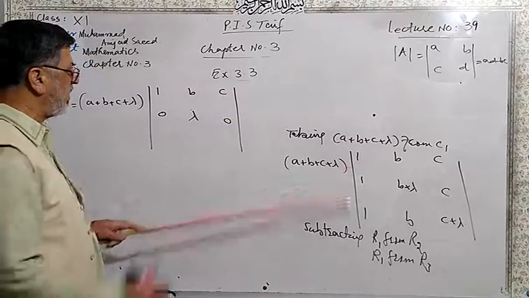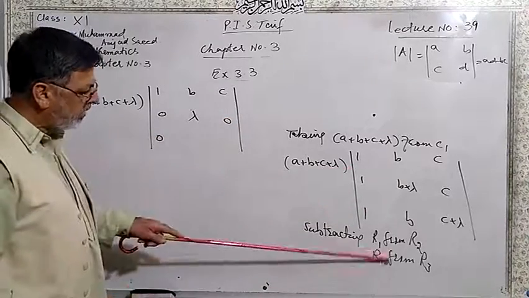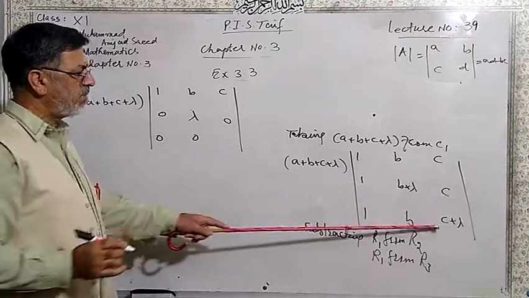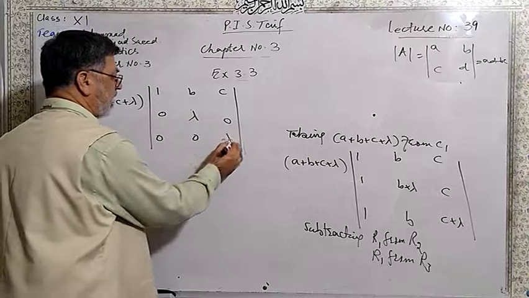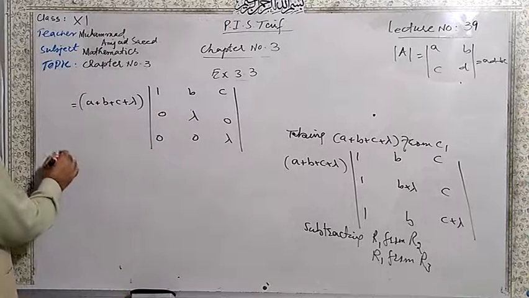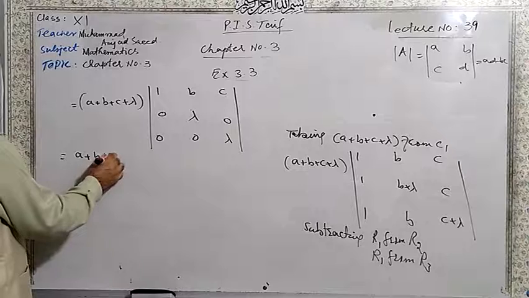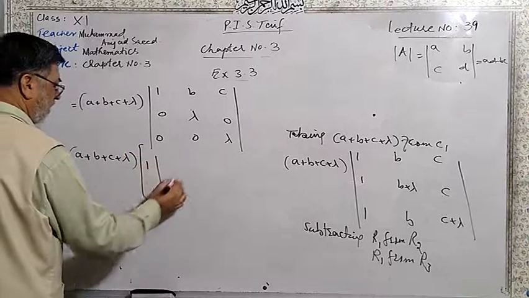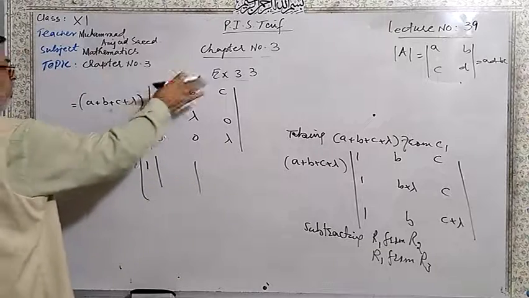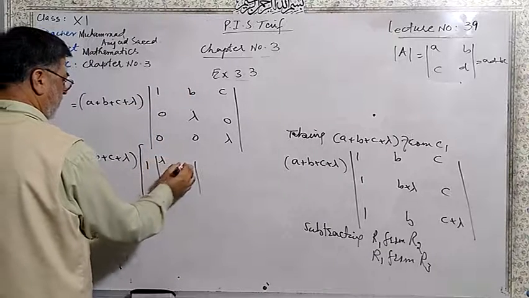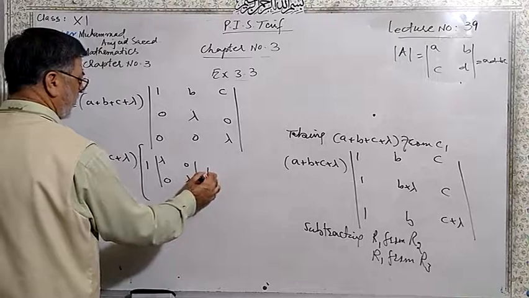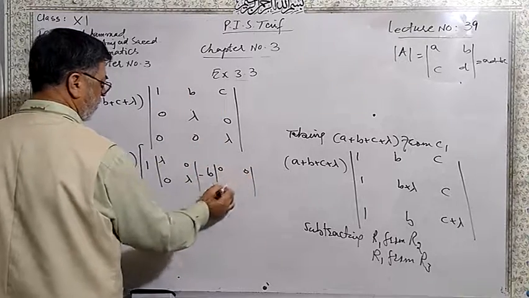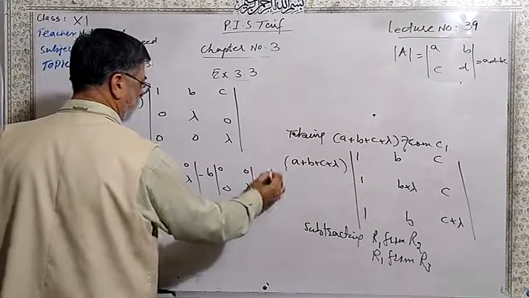Similarly, 1 minus 1 is 0. R3 minus R1: B minus B is 0, C plus lambda minus C, C cancelled, lambda. A plus B plus C plus lambda, 1. Remove row and column of 1: lambda 0, 0 lambda. Minus B, that will be 0, 0, 0 lambda. Plus C.